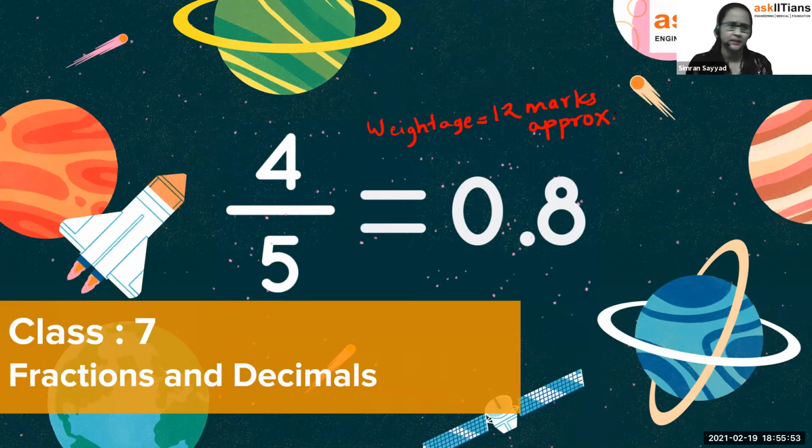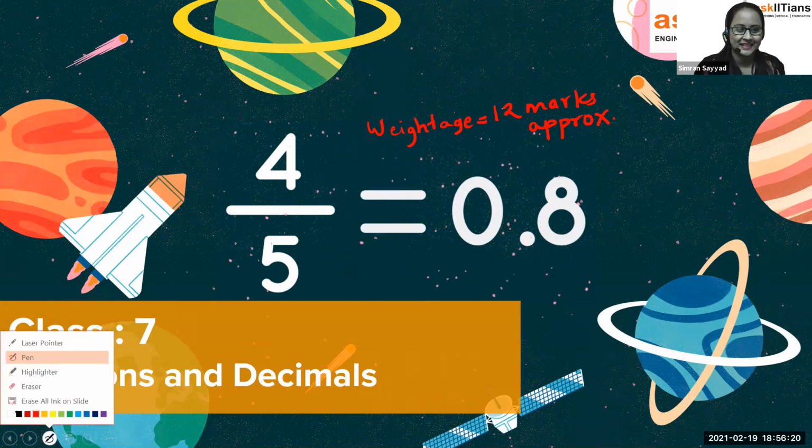And decimals means there is a point in between the numbers, and we call that a decimal number. Here you can see 4 by 5 is a fraction and 0.8 is a decimal, and this point is your decimal point.